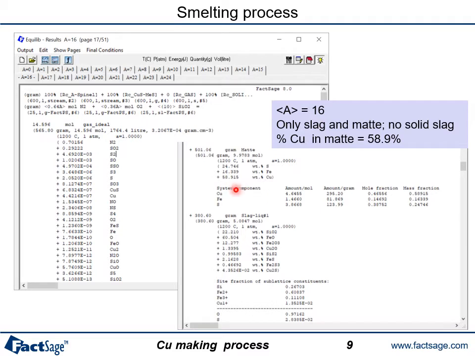And if you look at the matte grade here, the copper amount is about 58.9%. That's not exactly 60%, but this is good enough for our converting process. So we can take this matte as input for the converting process, for example.